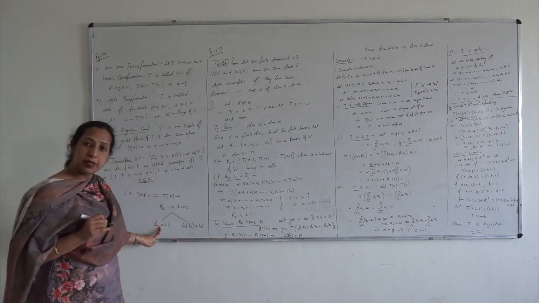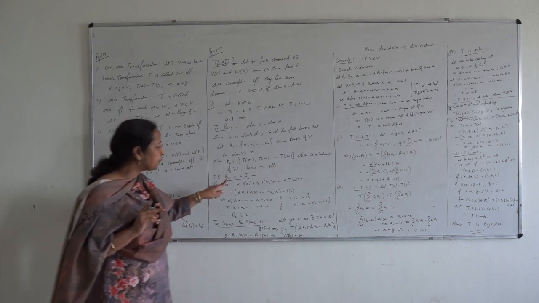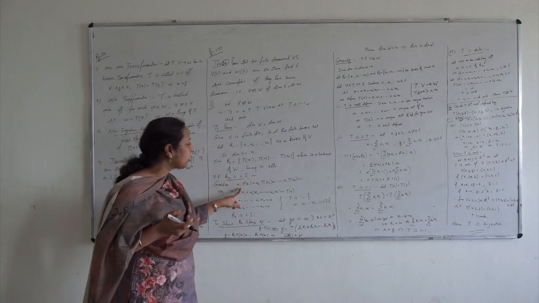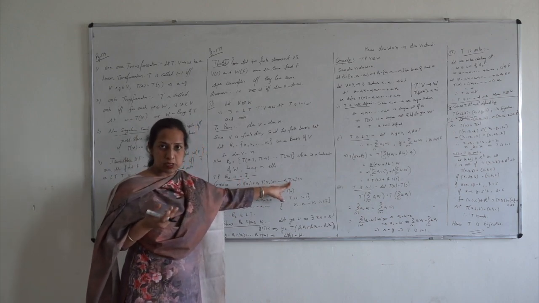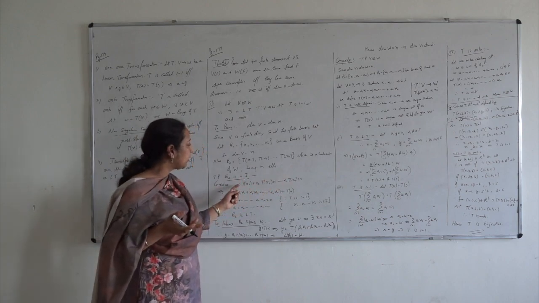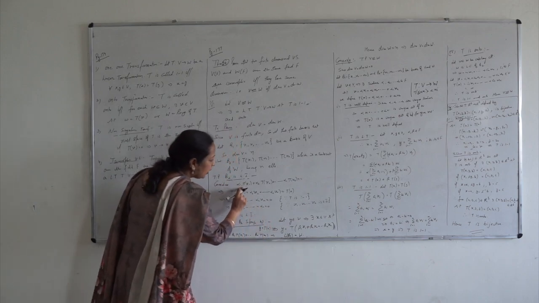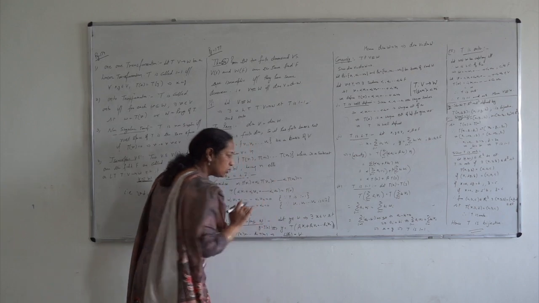Firstly we will prove B2 is linearly independent. As we know, B2 is linearly independent when a linear combination of vectors of B2 equal to 0 implies all the scalars are equal to 0. So take a linear combination of vectors of B2 equal to 0.